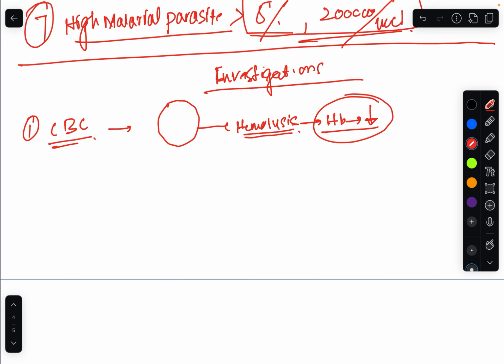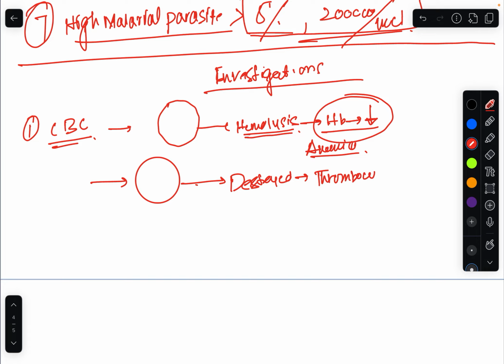So the first feature you see on CBC is anemia. Then your platelets are also destroyed, and you can have thrombocytopenia and bleeding. So another feature which you can see on CBC is thrombocytopenia.